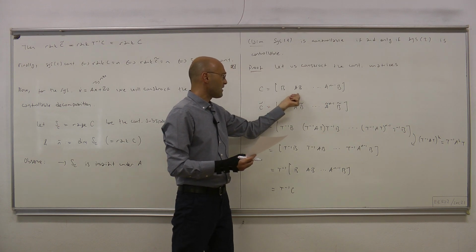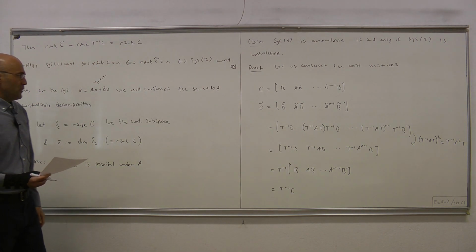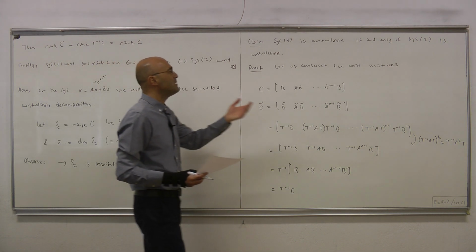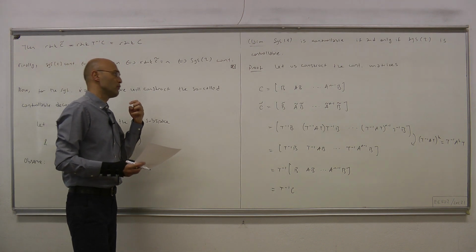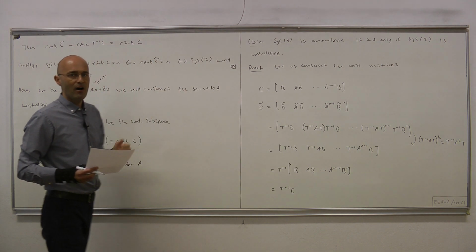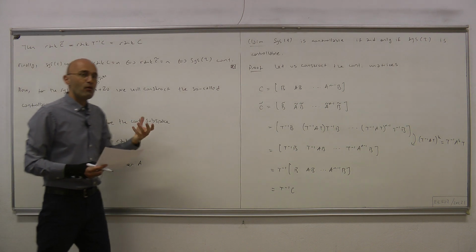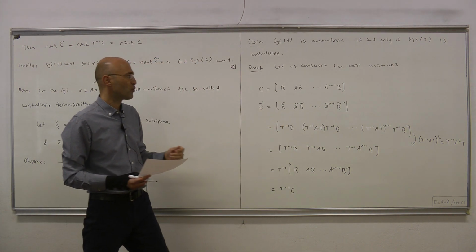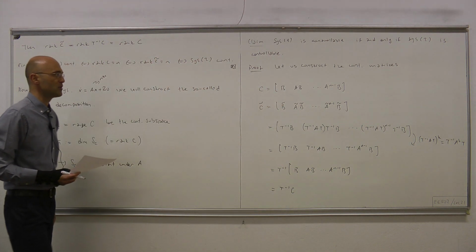The columns of C are B, AB, and so on. Due to the Cayley-Hamilton theorem, for any square matrix of size n by n, its nth or larger power can be written as a linear combination of powers from 0 to n minus 1, and the zeroth power of a matrix is the identity matrix by definition.